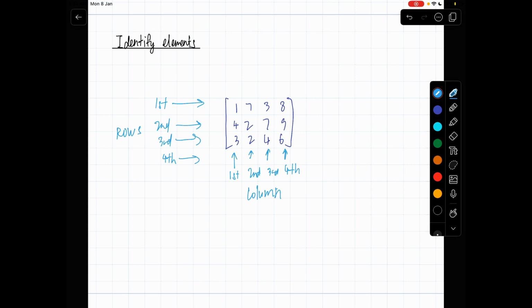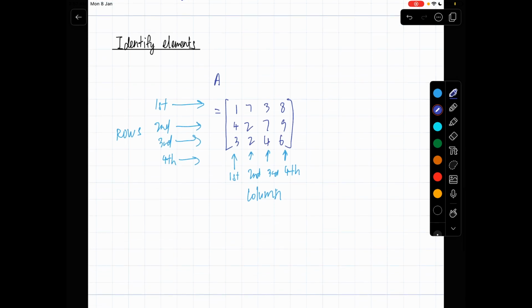For example, if I ask you the position of the number 9 in this matrix, how would you answer it? Or before that, there's one key piece of information missing. So let this matrix be known as A. So A equals this entire thing.